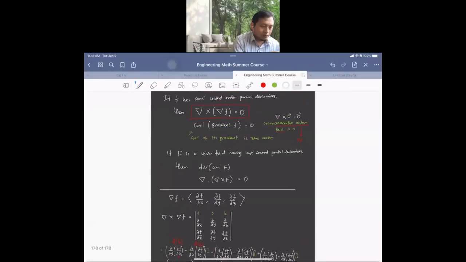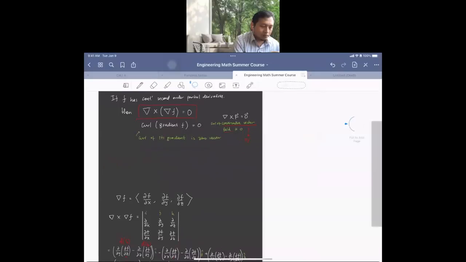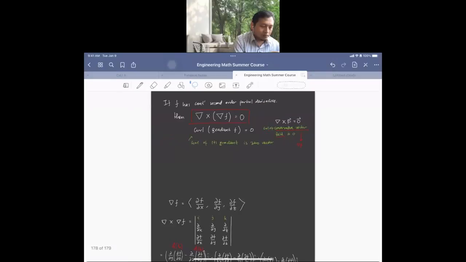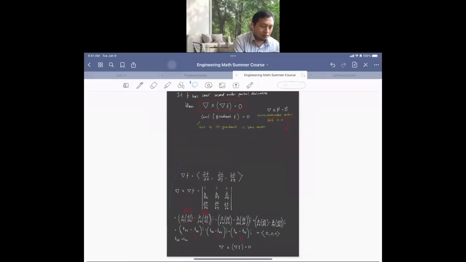Okay, this is for the first part. To make it easy to understand, let me cut this and put it into the other page so we can focus.